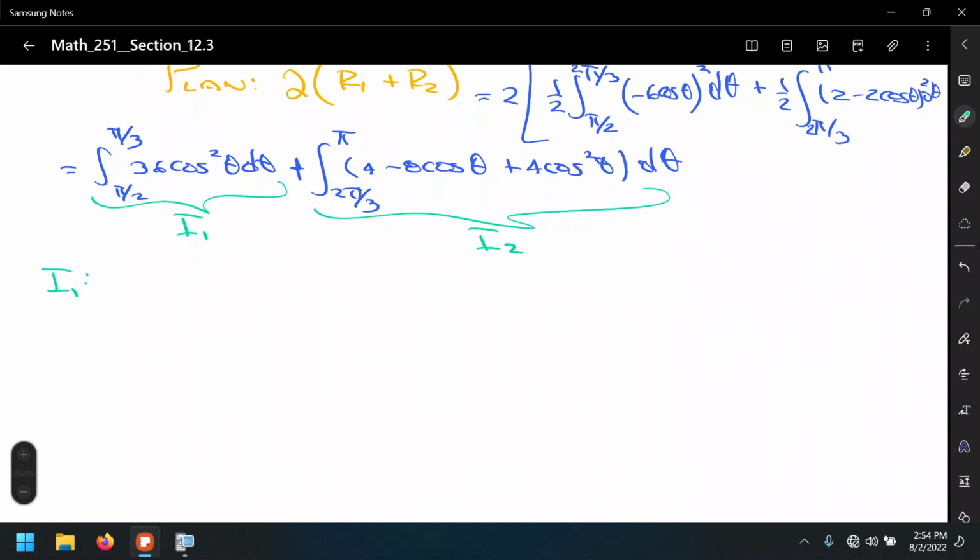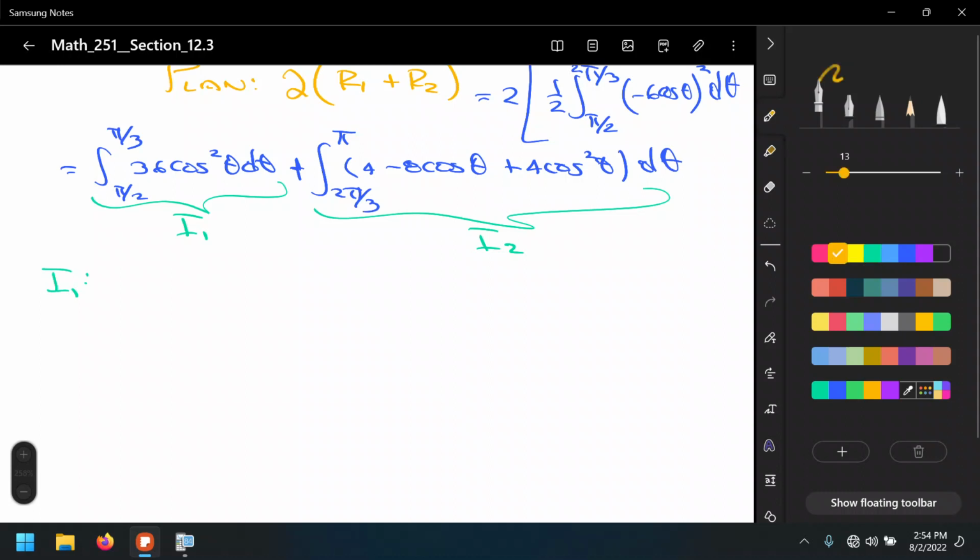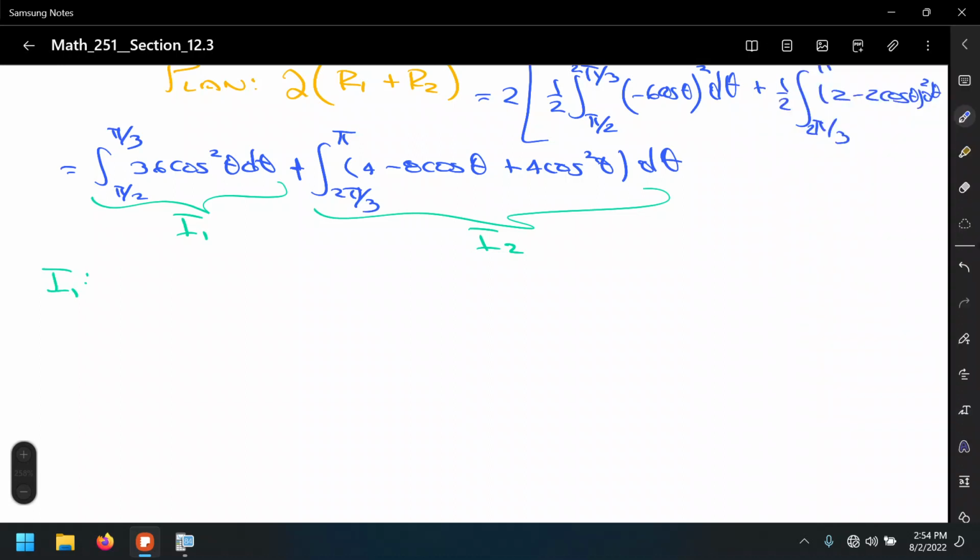I1, the first integral, is the integral from pi over 2 to pi over 3. I keep making the same mistake, sorry about that. Well, that's 36, let me write the 36 outside. And we have a cosine squared. We cannot integrate cosine squared just the way it is, so we have to use a trigonometric identity: 1/2 times 1 plus cosine 2 theta d theta.